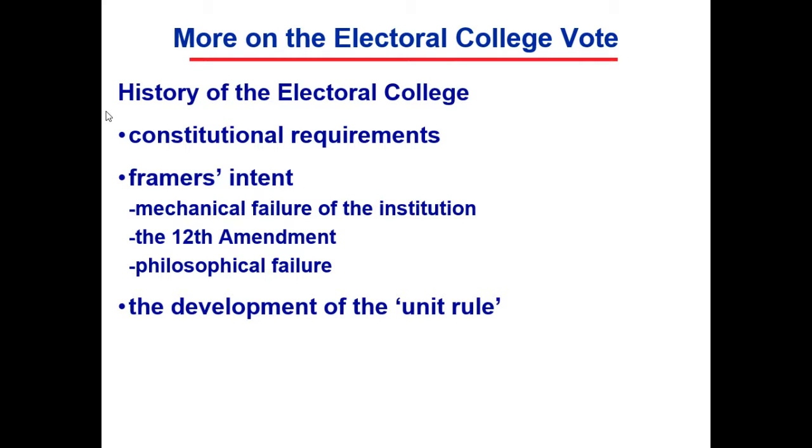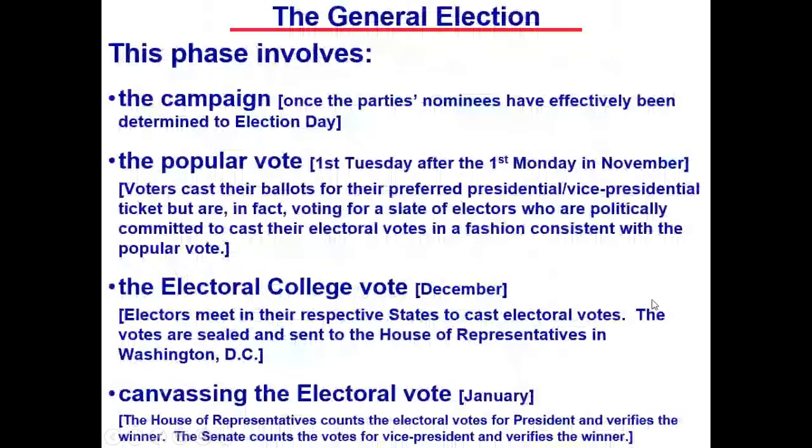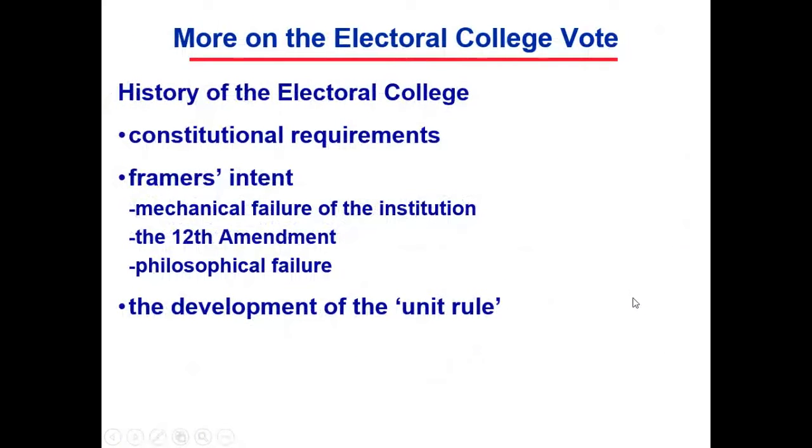And so the Republican ticket was Thomas Jefferson and Aaron Burr. I don't have a graphic in here. Because the electors did not distinguish between votes cast for president and vice president, Jefferson and Burr ended up with the same number of votes. And that meant the election had to go to the House of Representatives.